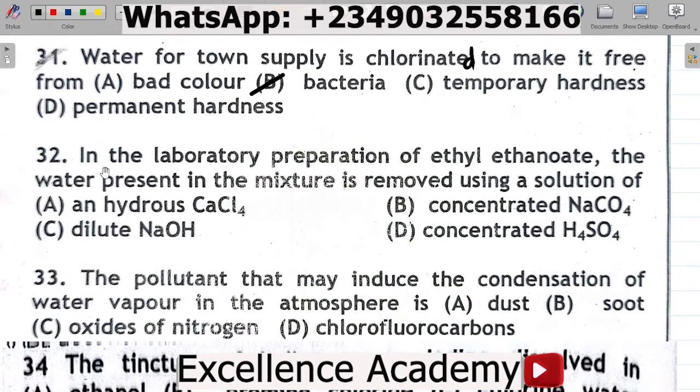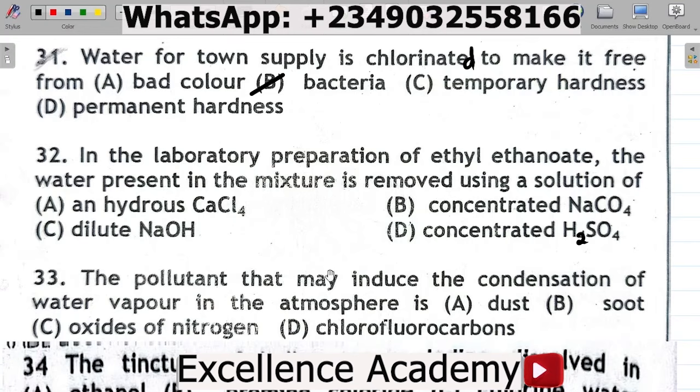Question 32. In the laboratory preparation of ethyl ethanoate, the water present in the mixture is removed using a solution of A, anhydrous calcium tetrachloride, B, concentrated sodium tetraoxocarbonate, C, dilute sodium hydroxide, D, concentrated hydrogen tetraoxosulfate 6, which is H2SO4.